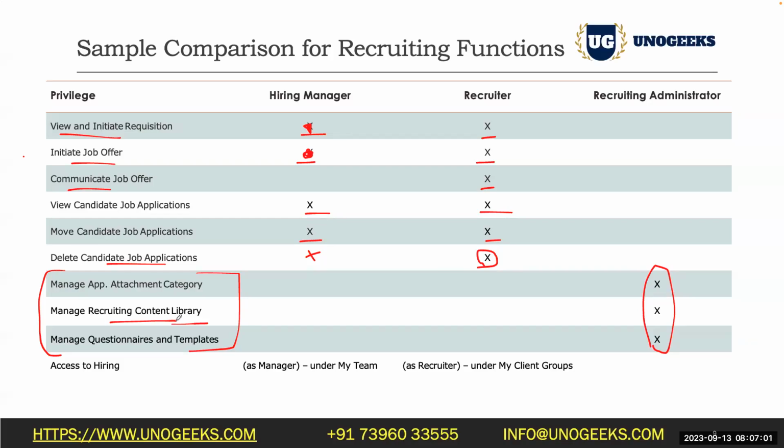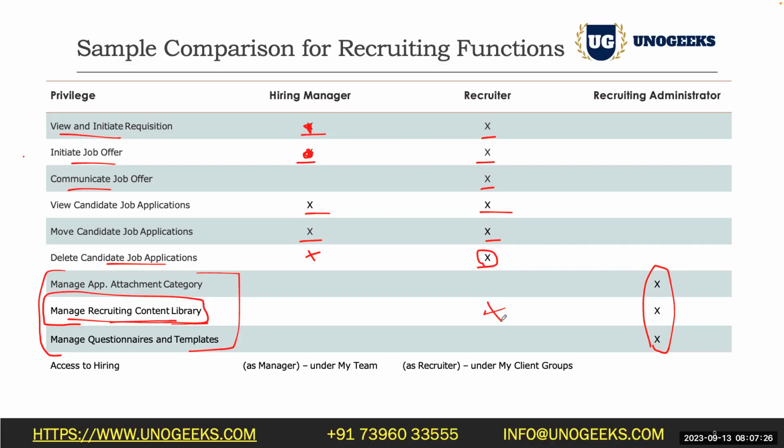Okay. And they say it is creating a lot of stoppage and bottlenecks for the recruiters to have effective or immediate communications with the candidate. So the customer says, Ravi, let's add this privilege to the recruiter role. Then we just take only this particular privilege from the recruiting administrator role, and add it to the recruiter role.